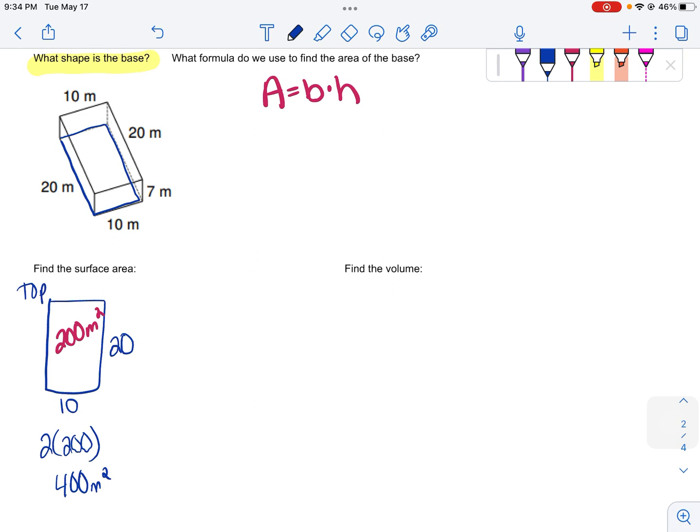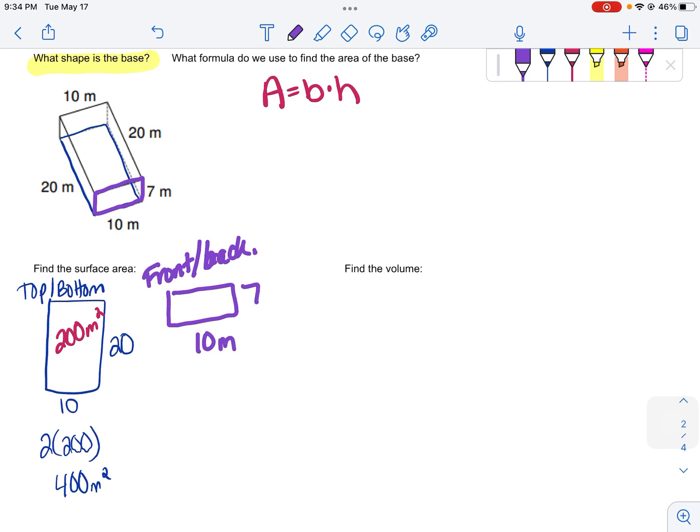So that was top and bottom. And then we'll do the front and the back. Maybe these little rectangles right here. Those have dimensions of 10 by 7. And they're still rectangles, so we find the area by taking base times height.